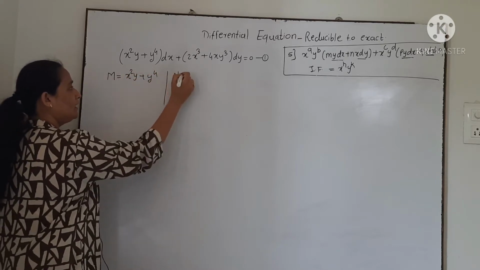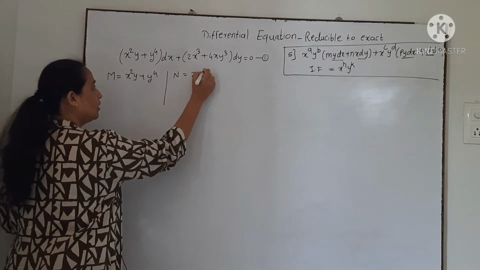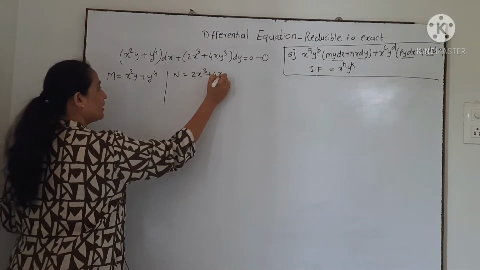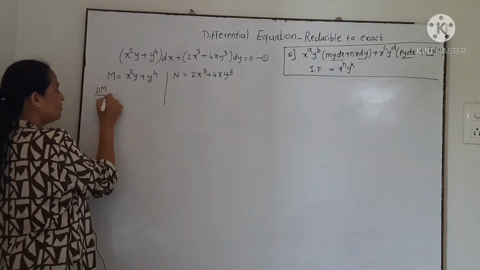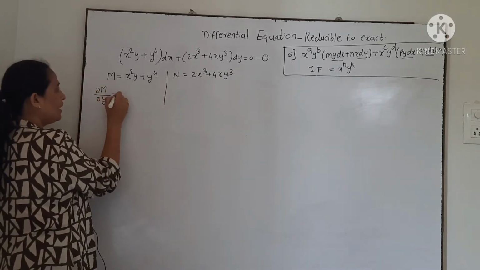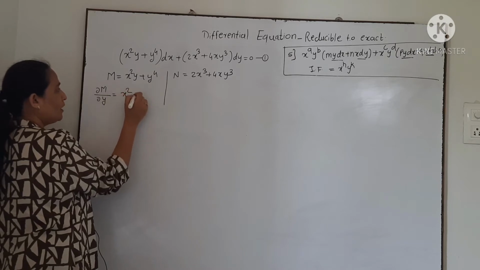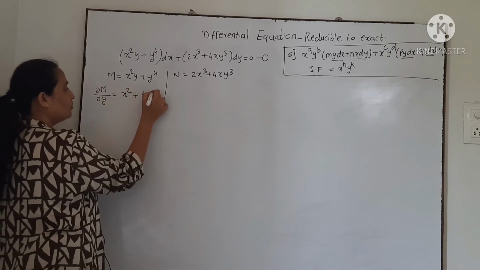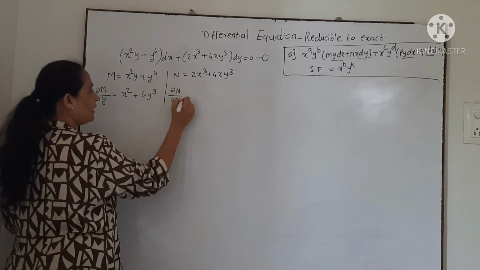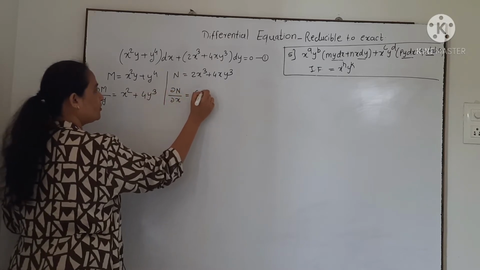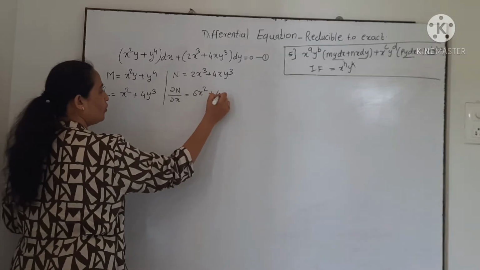The value of N is 2x cube plus 4x y cube. Find the derivative of M with respect to y, that is del M by del y. It is x square plus 4y cube. Similarly, if I find del N by del x, it is 6x square plus 4y cube.